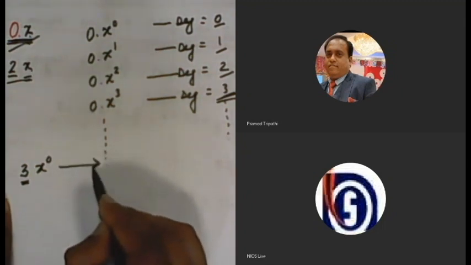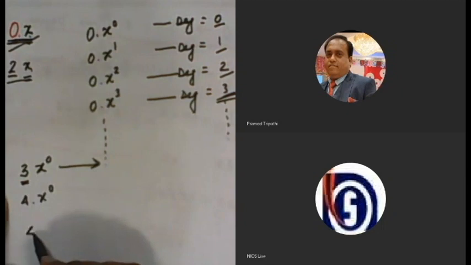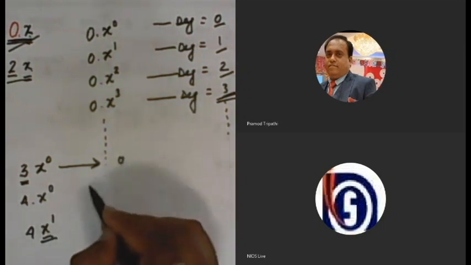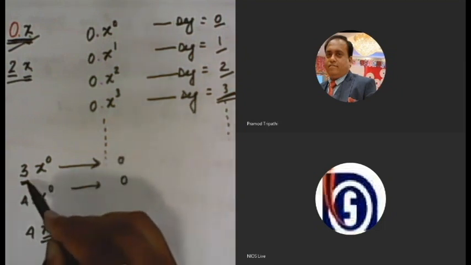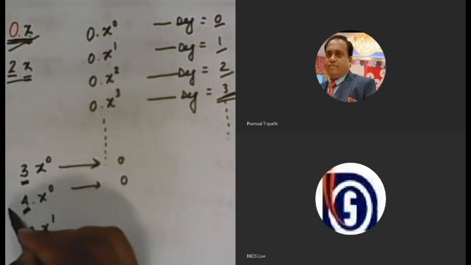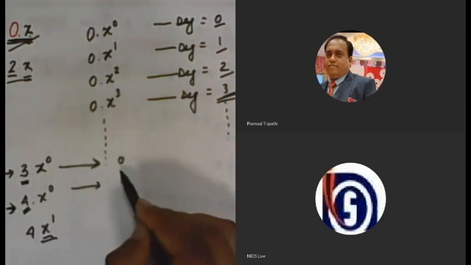That is why, for the constant, 4x raised to the power 1 we cannot write here because it becomes 4x. So the degree is always 0. Any constant polynomial always has the degree 0 here.